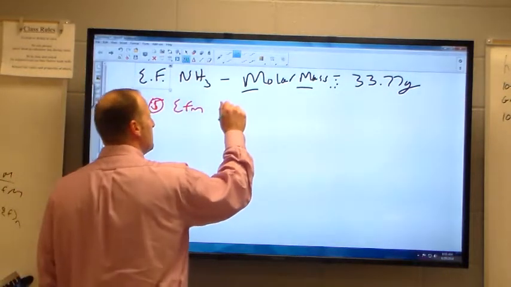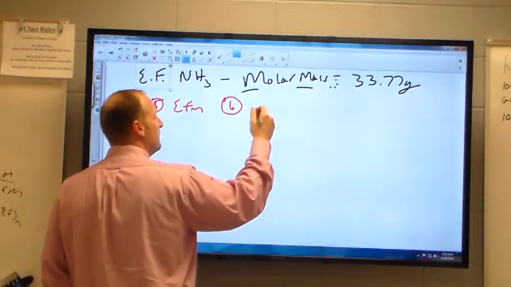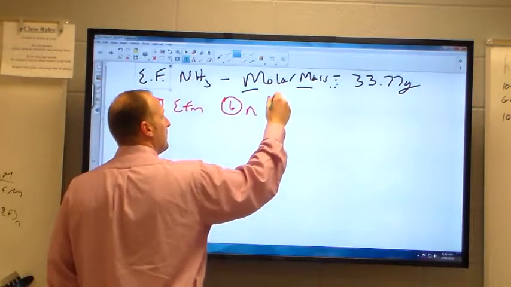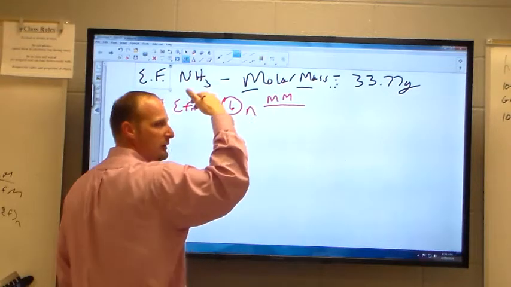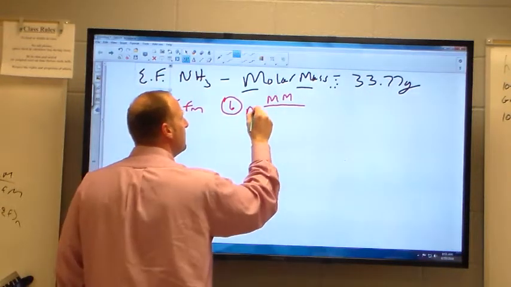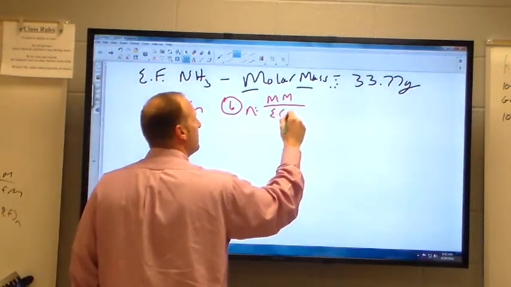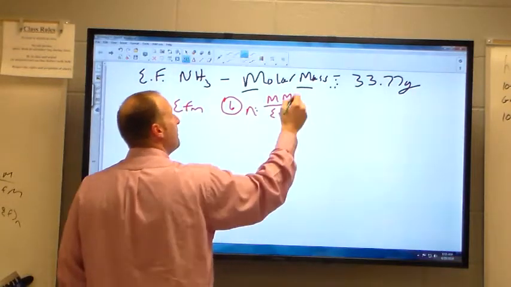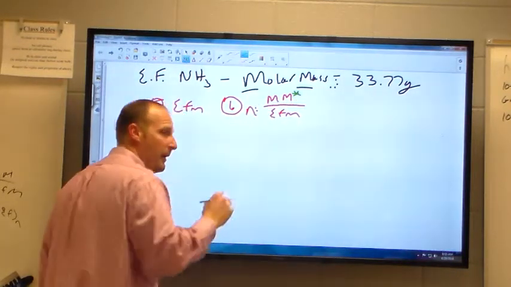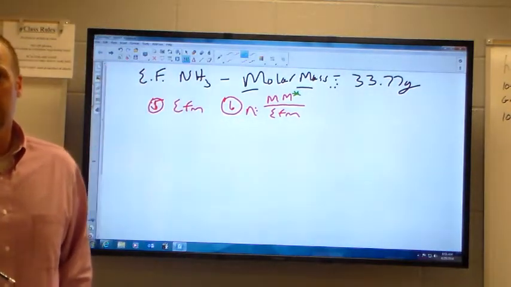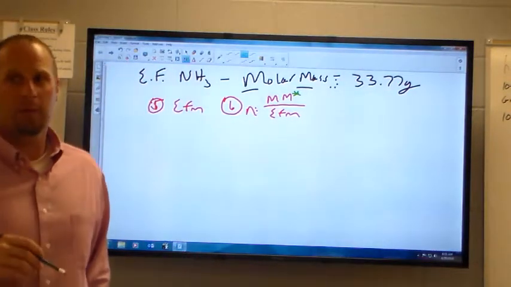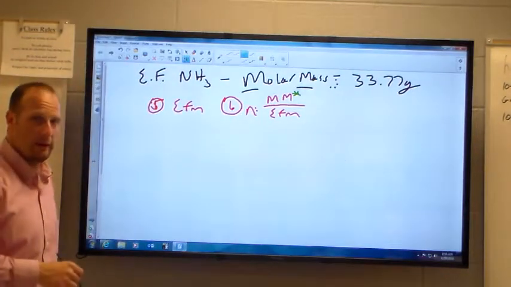The 6th step is to use the relationship between the M and N, the molar mass, which is the bigger mass because we have a bigger formula perhaps, divided by the EFM. This one, most of the time, is given in the problem. So you're looking for that.